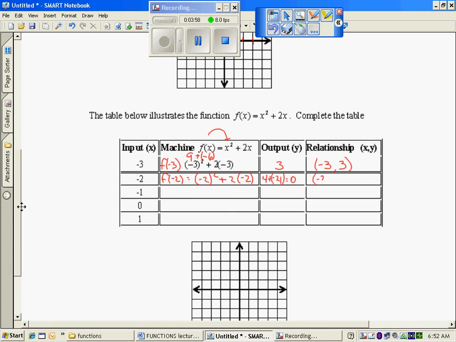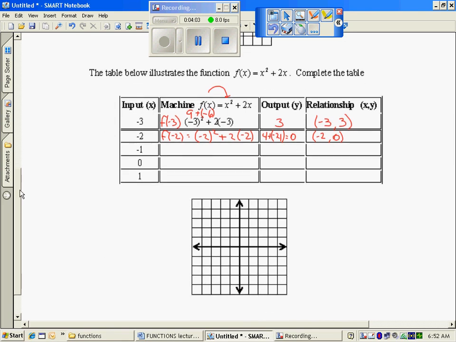So when negative 2 went into my rule, 0 came out of my rule. f at negative 1, repeating the process. Negative 1 squared plus 2 times negative 1. Negative 1 times negative 1 is a positive 1. 2 times negative 1 is a negative 2. I had $1, I spent 2, I'm in the hole 1. When I put in negative 1, I got out negative 1 as my output, or my y.